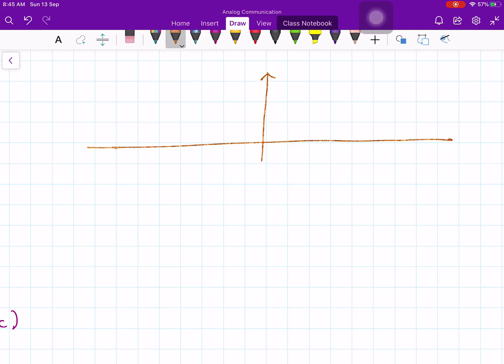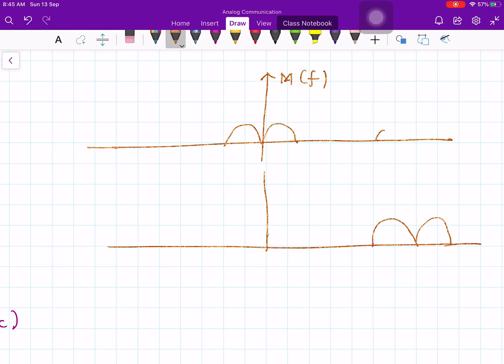So, let me plot first m of f. Let us say my m of f is like this. After modulation, your DSB modulation, it is going to be like this. That means the whole m of f is delayed by an amount. How much amount? Fc. So, what is this whole thing?